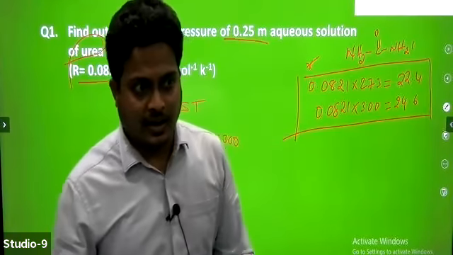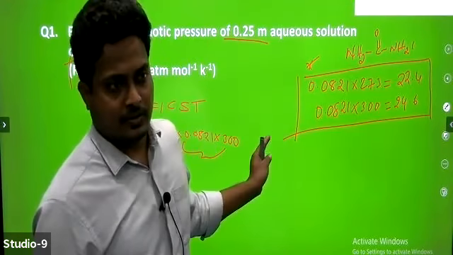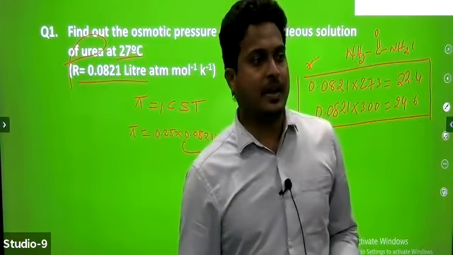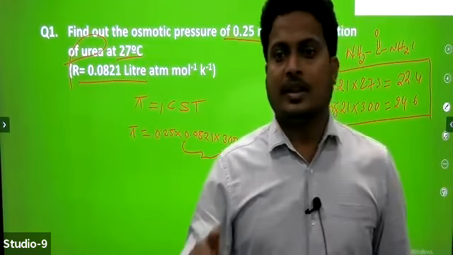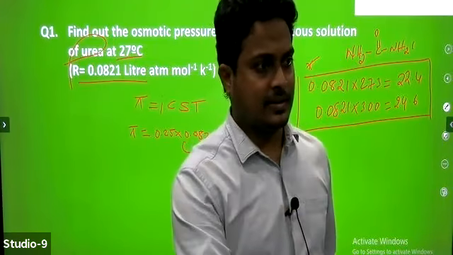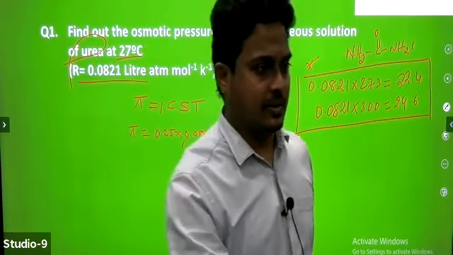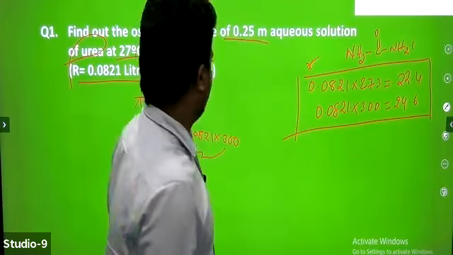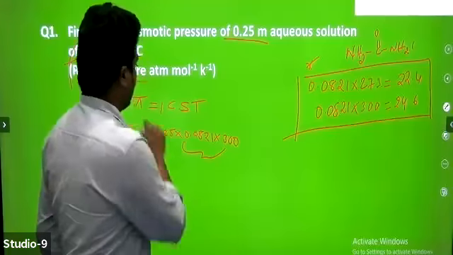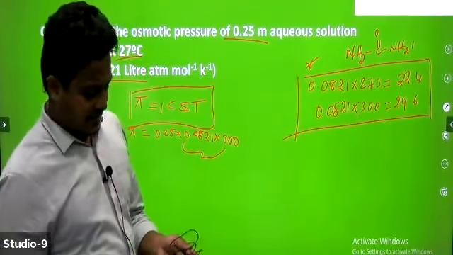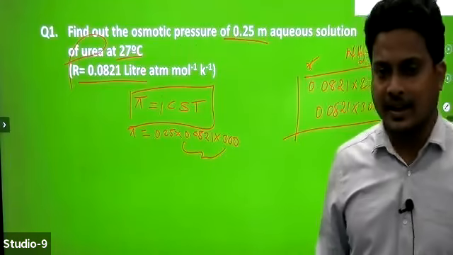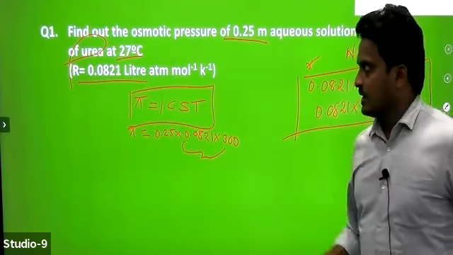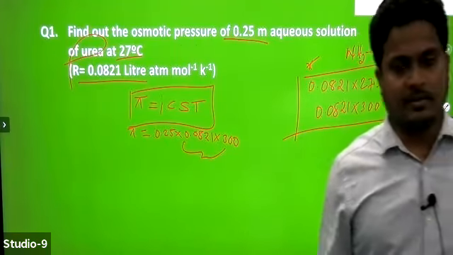So the gas laws like Boyle's law, Charles' law, Avogadro's law, and Gay-Lussac's law are also applicable for dilute solutions. From there we derived pi equals I into C into S into T, where C is the concentration term. It may be molarity, normality, or molality. Clear? We will explain everything in detail in the solutions topic.